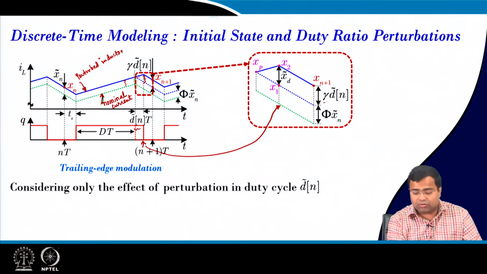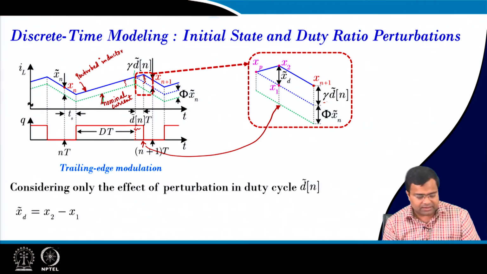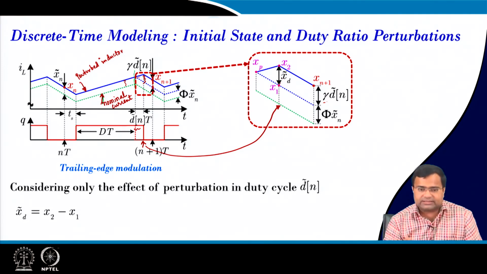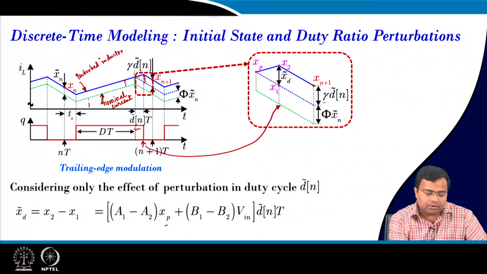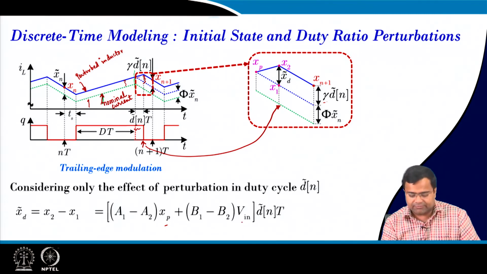So, if you consider only duty ratio perturbation, then this x d tilde can be obtained by subtracting x 2 minus x 1, and it can be shown by means of averaging as A1 minus A2 into x p, where x p is the state under steady state, that means the nominal part, and then V in is also the steady state value, and you can get this d in tilde, that is the difference in the duty ratio.